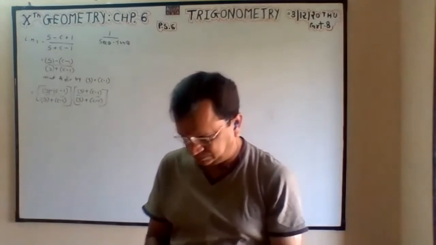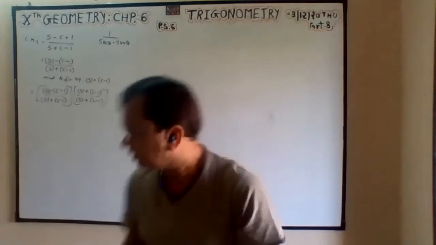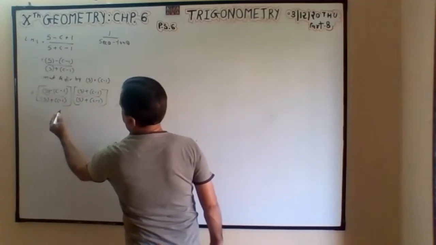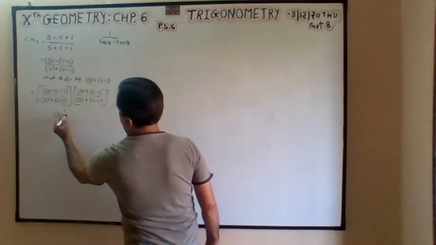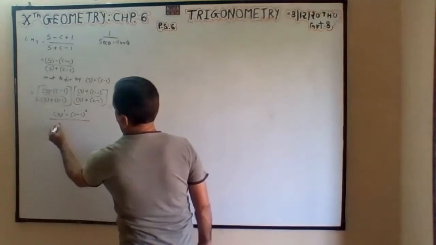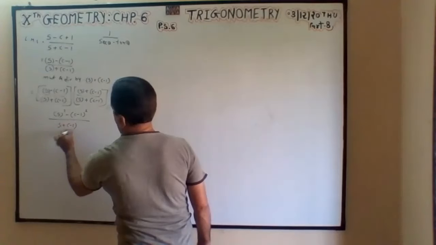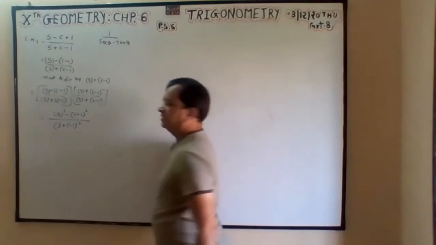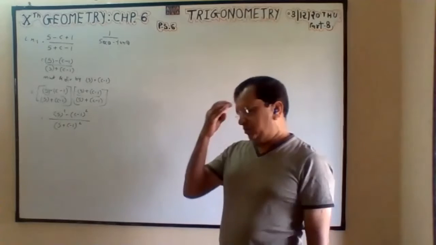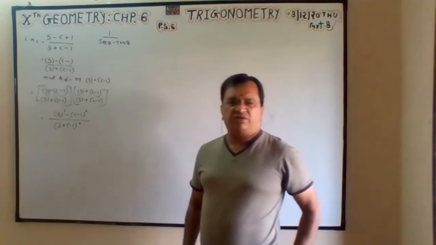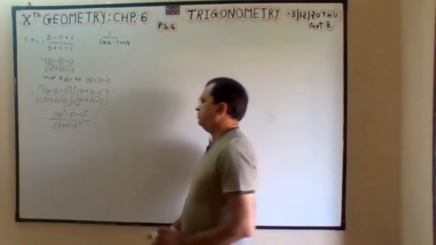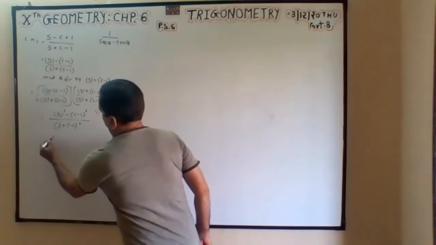Correct. Now this is A plus B, A minus B. So A square minus B square. This is the full S plus C minus 1 total square. Conjugate pair we have taken. So 1 plus, 1 minus. So A square minus B square. And same bracket into same bracket, so bracket square. Now I will simplify. This is only S square.